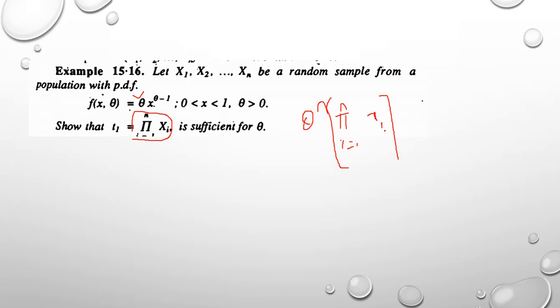From the sample, where you get more information about the data, here you get more information. When you divide, this is the test statistic. Here h of x is this.